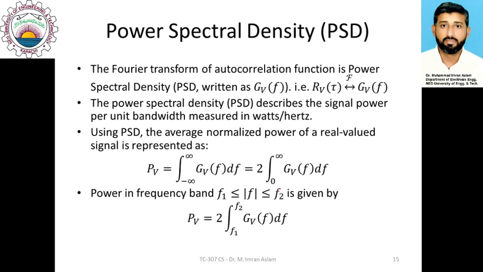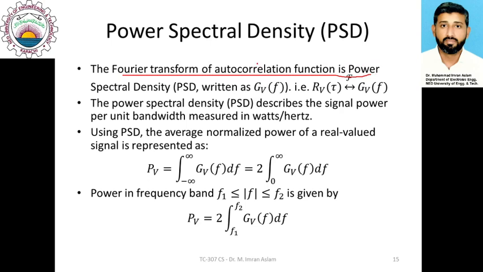Another important parameter related to random processes is known as power spectral density. So what is power spectral density? Power spectral density is the Fourier transform of the autocorrelation function of the random process.